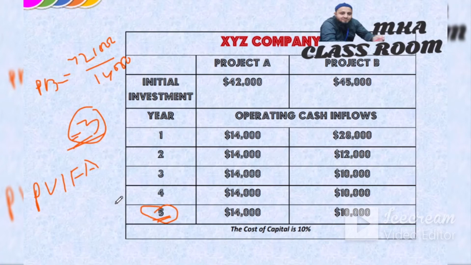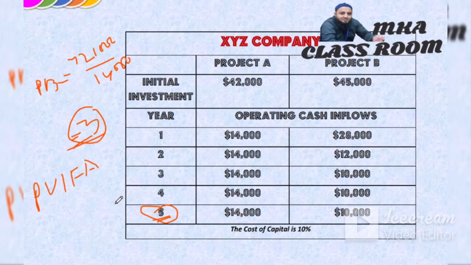Our desired value is 3. So our required interest rate is 20%.